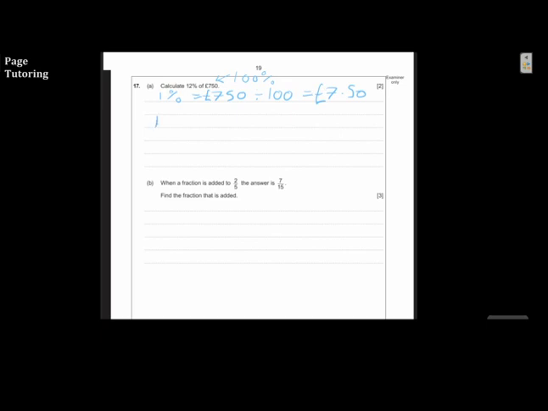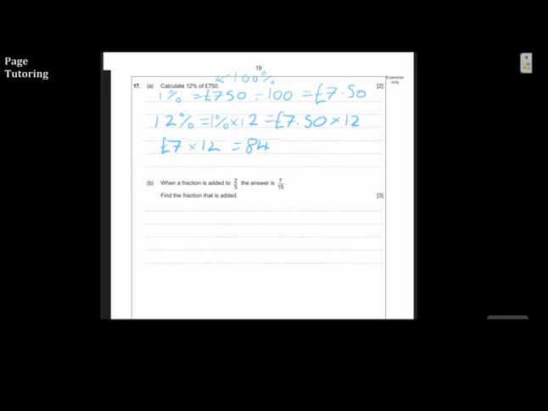So then to get 12% from that, we just need to do 1% times 12. So that's £7.50 times 12. Now I can't do that all in my head. So what I would do is 7 times 12, 84. And I worked that out from, well, 5 times 12 is 60.